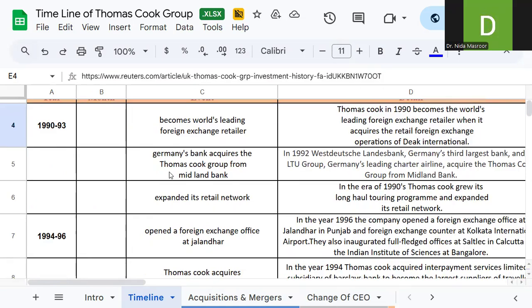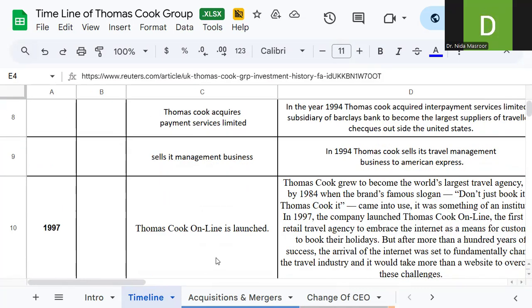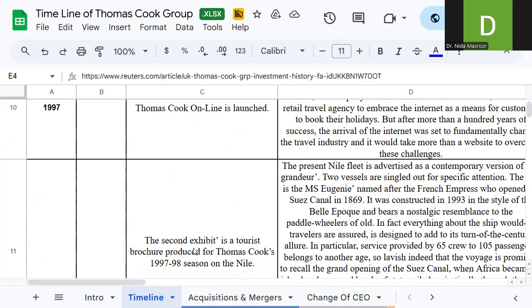And you can see that from 1990 to 1993, the world's leading foreign exchange retailer bank acquires Thomas Cook Group from Midland Bank. It means a change in ownership. Germany's bank acquires the Thomas Cook Group, expanded its retail network, opened a foreign exchange office, and online services were launched.